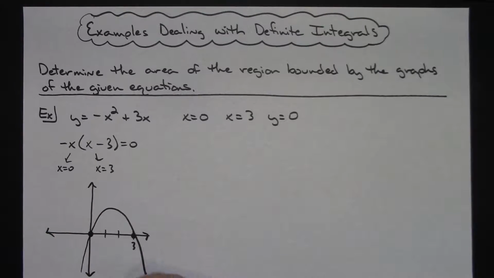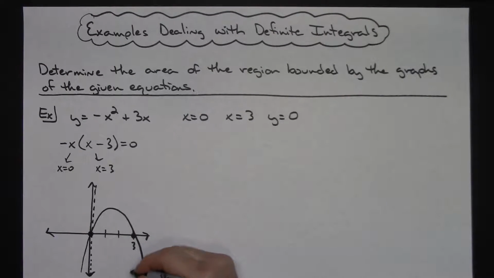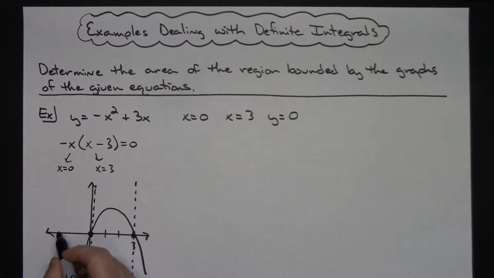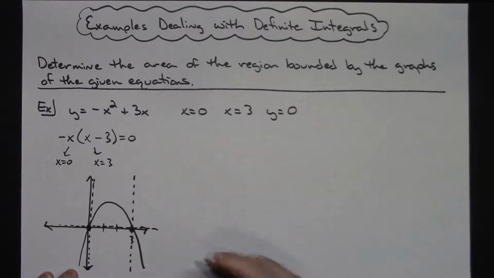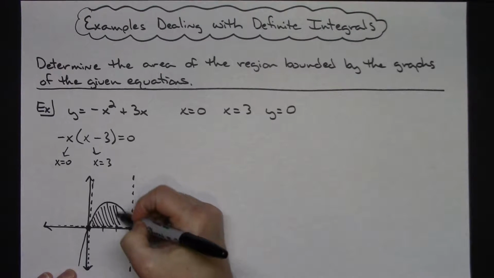Now I've got the vertical boundary right here at 0, and the other vertical boundary at 3. And y equals 0, another boundary, is the x-axis right there. So the region that I need to be focusing on is right here.